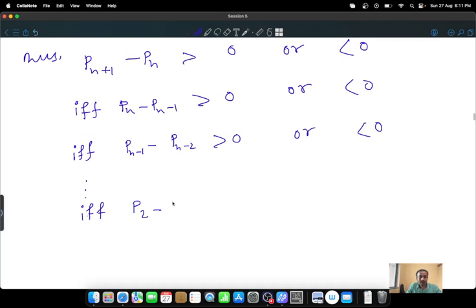So basically what you are getting is that Pn plus 1 minus Pn is positive or negative if and only if the term P2 minus P1 is positive or negative, right? Okay, so I hope this is clear.